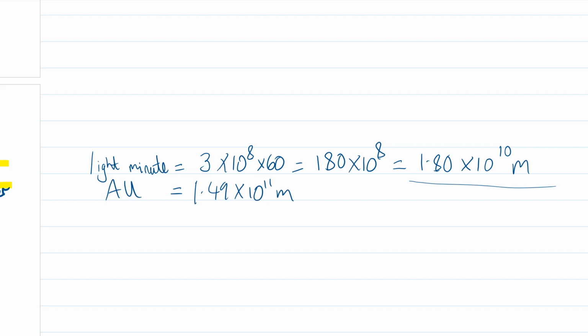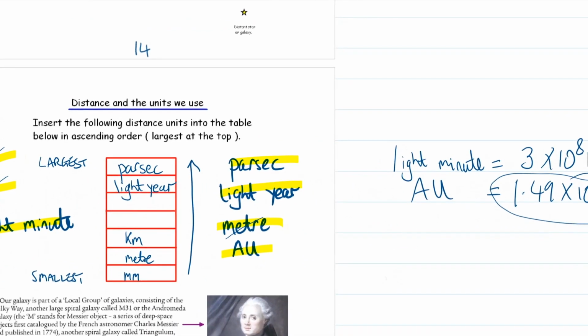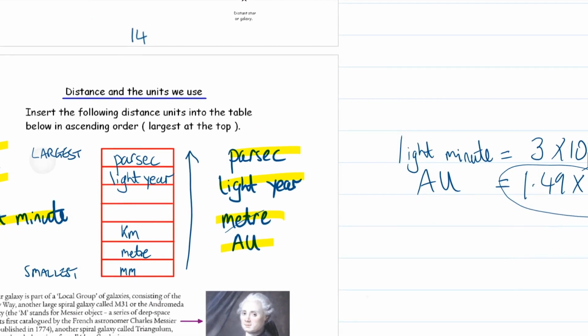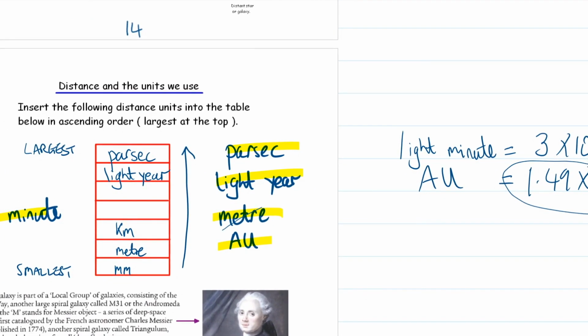So you can see that the astronomical unit is the bigger number. That's telling us that it takes just over a minute for light to get from the Sun to Earth. So AU, light minute.